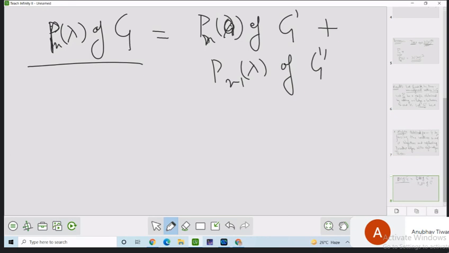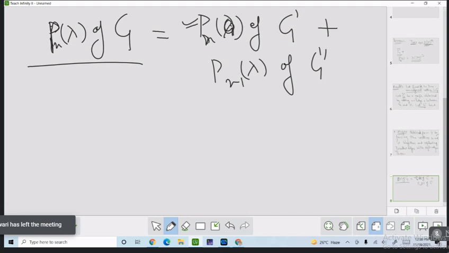It means that we can find the polynomial of G prime and the polynomial of G double prime, and adding these two polynomials, we will obtain the polynomial of G. Basically these graphs will be converted into either a tree or a complete graph. It is n-1 because we are fusing; fusing means two vertices will be converted into one vertex.